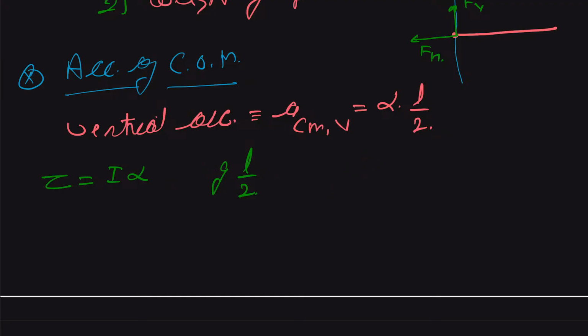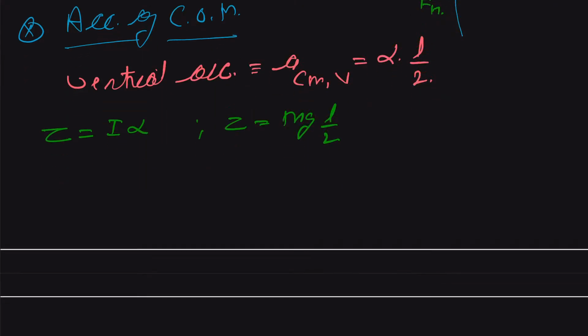So we also know that our torque is equal to mg L by 2, and from here we can say our alpha is equal to torque upon moment of inertia. Now we substitute it: this is mg L by 2, and the moment of inertia is 1 by 3 ml square.